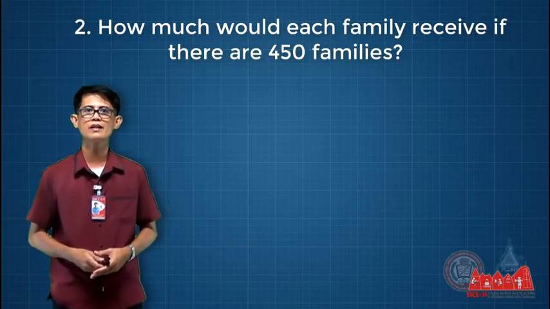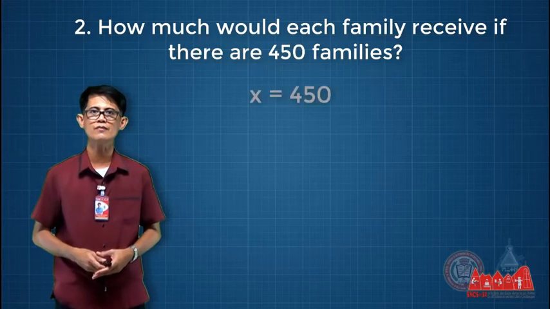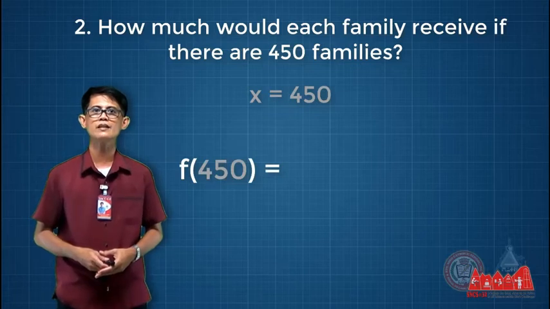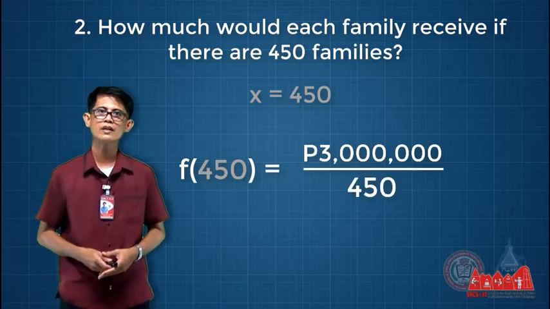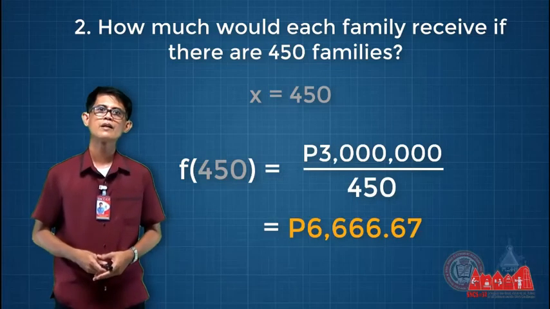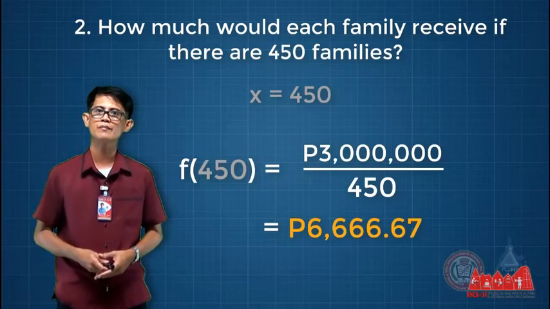Because x represents the number of families, then x equals 450. Substitute this to our rational function, therefore f of 450 as the allotted amount per family is equal to 3 million divided by 450. So each family receives 6,666 pesos and 67 cents.